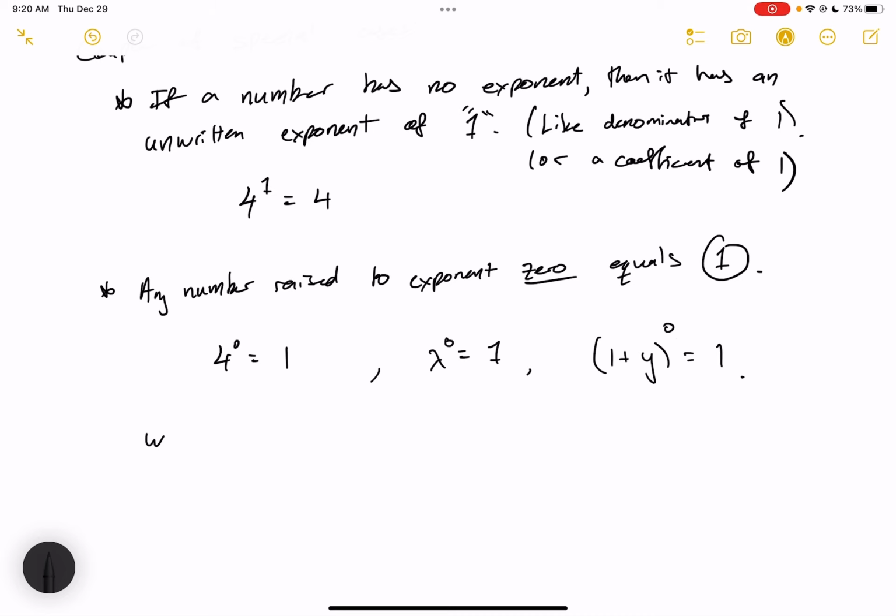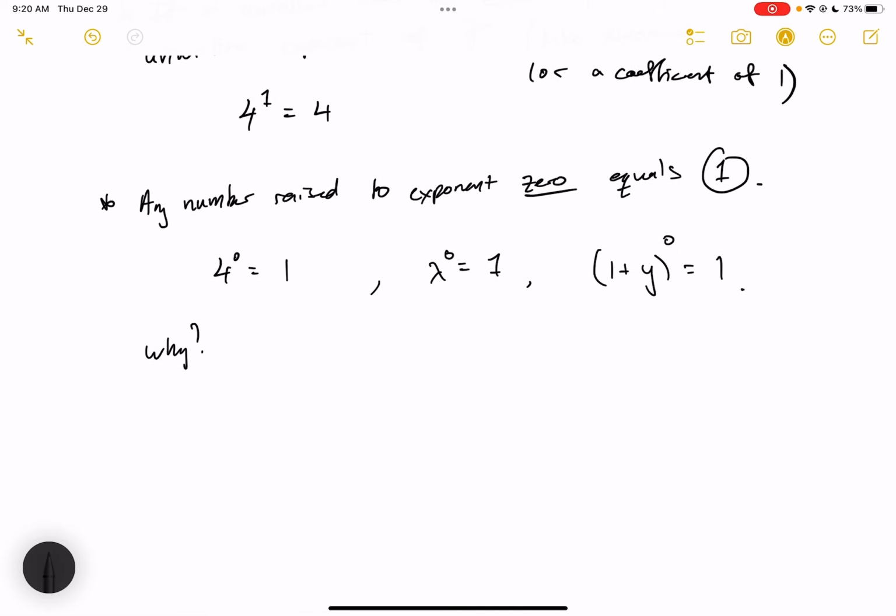I like to show a little bit of an example of why. Let me show you some very basic examples right here. If I had 2 to the power 1, we know that's just 2. 2 to the power of 2 is 2 times 2. 2 to the power of 3 is 2 times 2 times 2, not 3 times 2. All right?